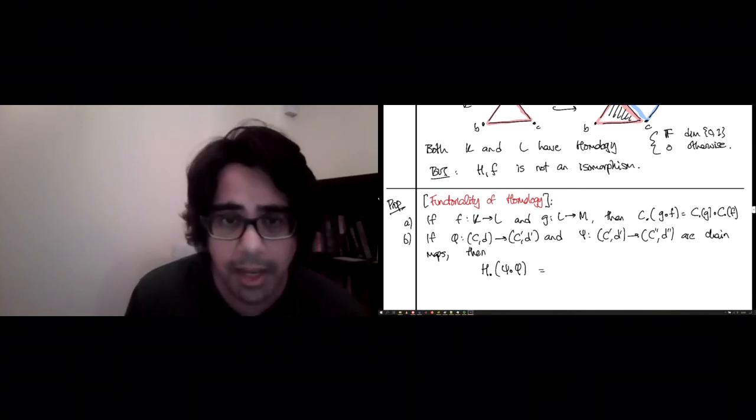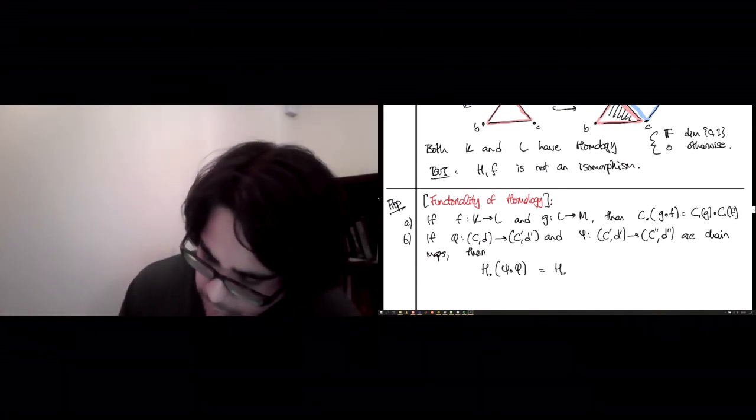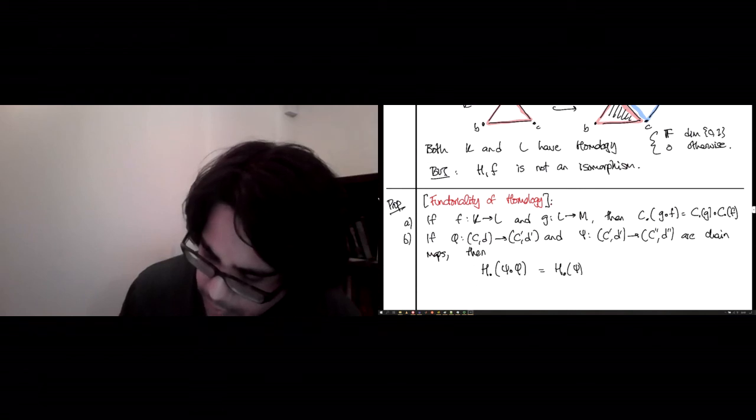You can compose chain maps and you get a big composite chain map from C, D to C double prime, D double prime. Or you can first take the homology and then compose.